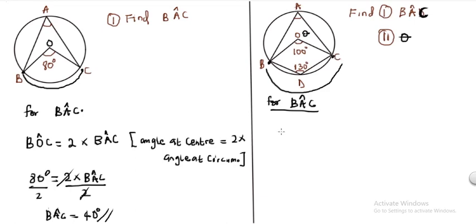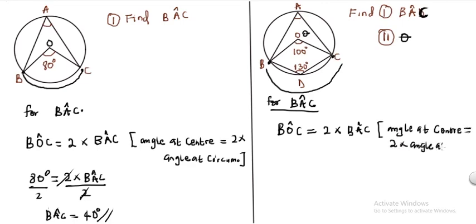So from that theorem, we can say we know that angle BOC, which is the angle at the center, is equal to 2 times angle BAC. Okay, so this is BAC. The reason for this is angle at center equals 2 times angle at circumference, where angle BOC is given as 100 degrees.